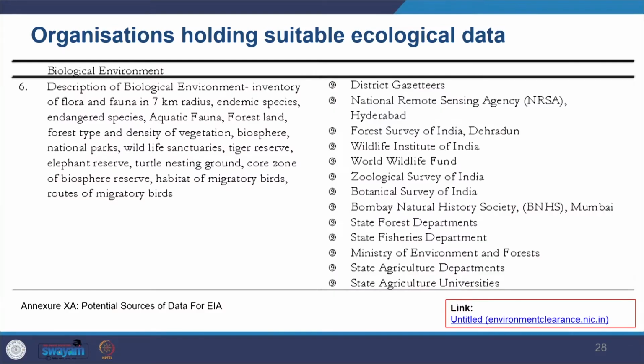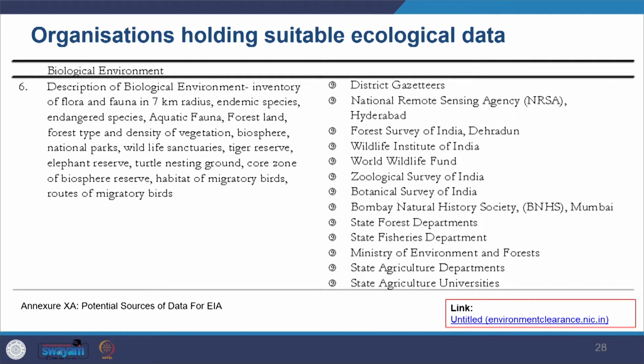Here you can see, as per the manual, which I have again taken from the thermal power plant manual, what the different sources of data are for ecological purposes. For biological environments, for the purpose of inventory of flora and fauna within a certain radius, and to identify all kinds of species, endangered species, aquatic fauna, forest land, forest type, density of vegetation, and so on, the source of information is district gazetteers.